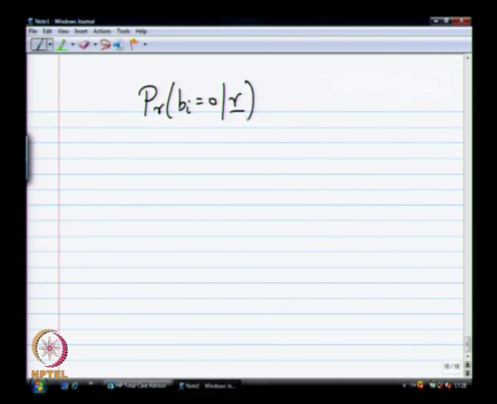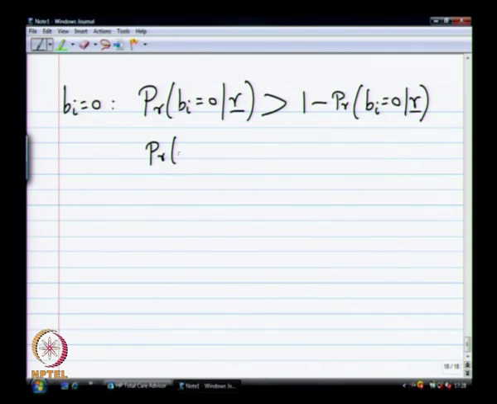Bi is 0 if probability that Bi is 0 given R is greater than 1 minus probability that Bi is 0 given R. You bring it to this side, and you get probability that Bi is 0 given R is greater than half. If it is greater than half, clearly that is going to be greater than the other probability. So this is another equivalent condition.